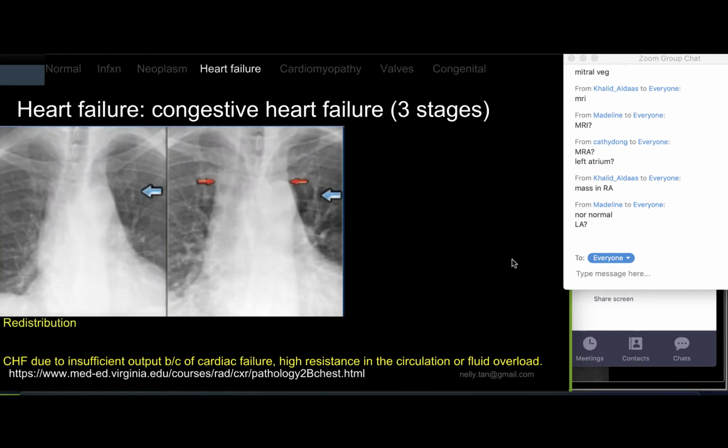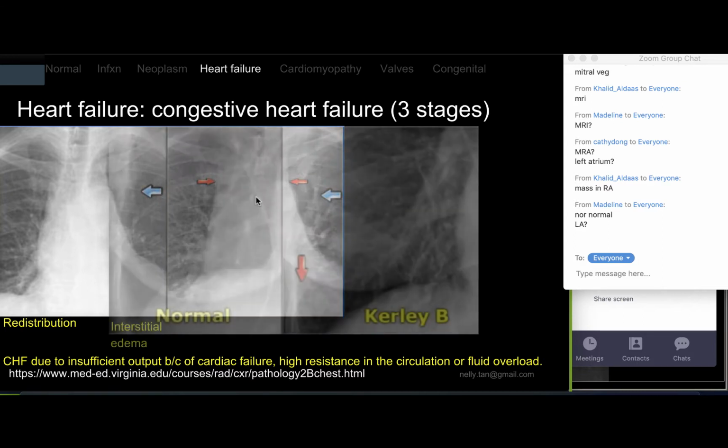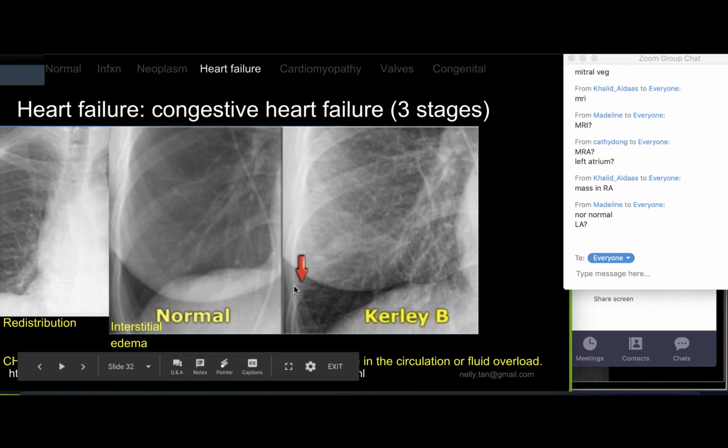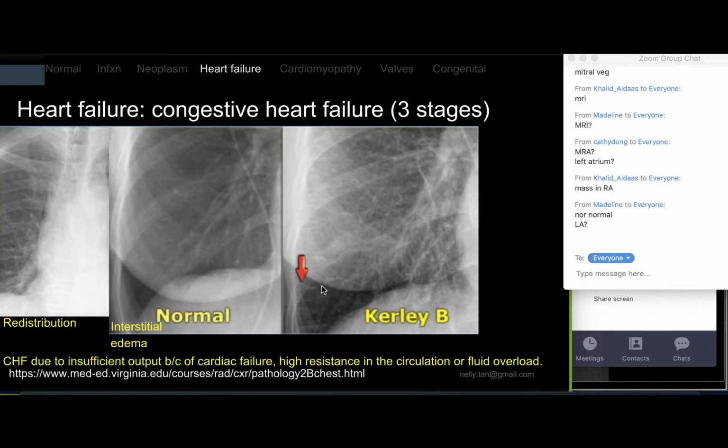So congestive heart failure is when the left ventricle, well, the entire heart, is not really working, so you have backflow and back pressure, and that can go into the pulmonary venous system. Initially you get redistribution into the veins, and then over time it can go into the interstitium and create these Kerley B lines when you have fluid in the interstitium.